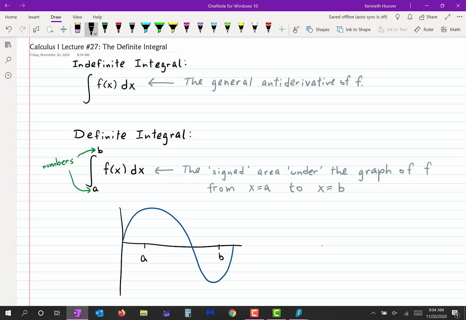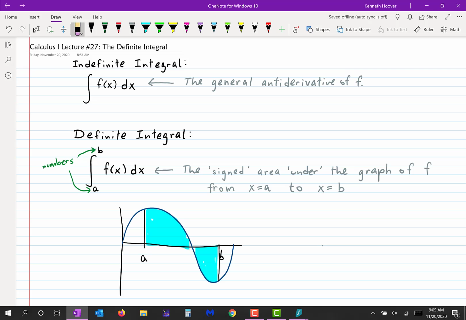Then the integral of f from a to b, that's how you say this, the integral of f from a to b, would be measuring this amount of area. Starting at a on the x-axis and stopping at b on the x-axis. Okay, so that's what a definite integral is.